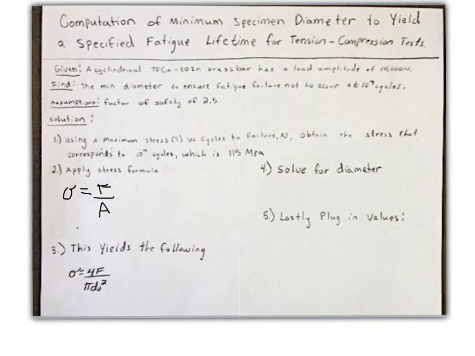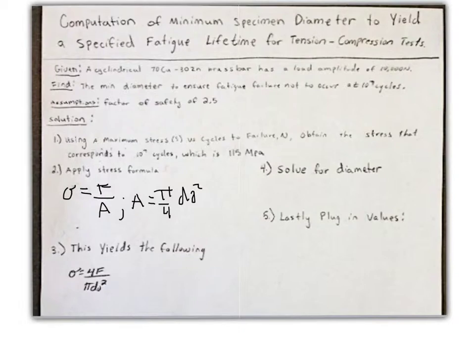Area in our case for a circular bar will be pi over 4 d naught squared. Combining these two equations, we'll get the following in step 3, which is stress equals 4 times the load divided by pi d naught squared.